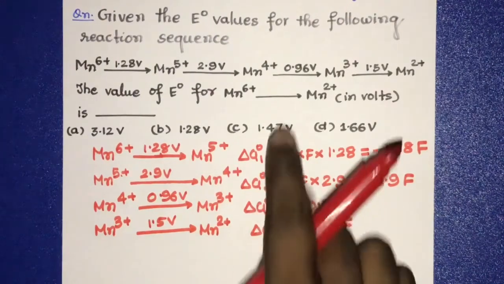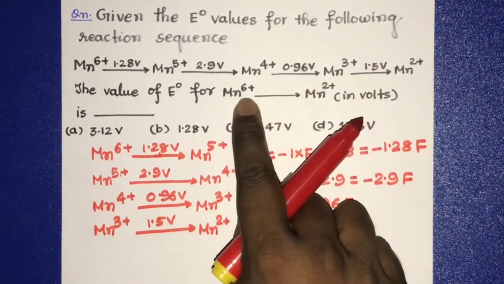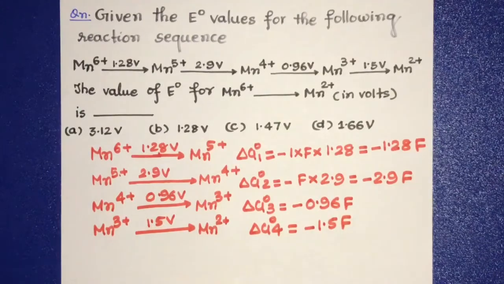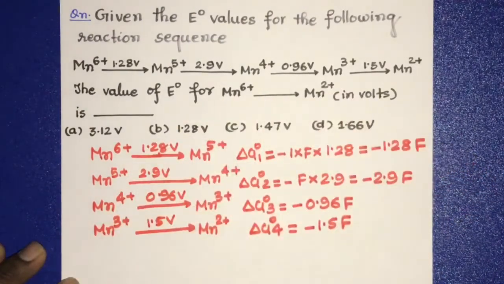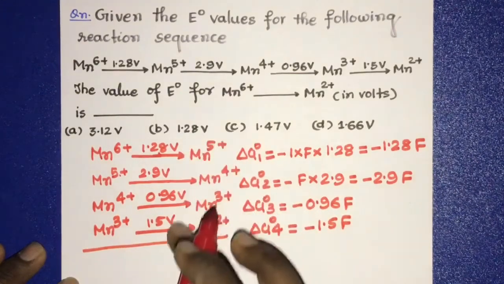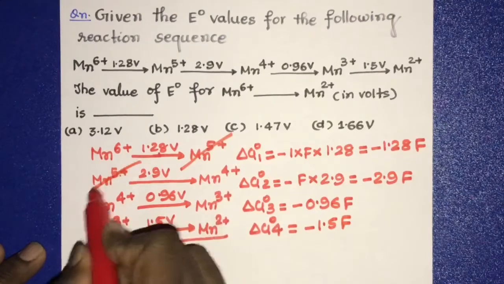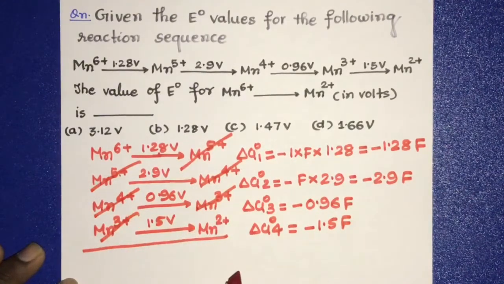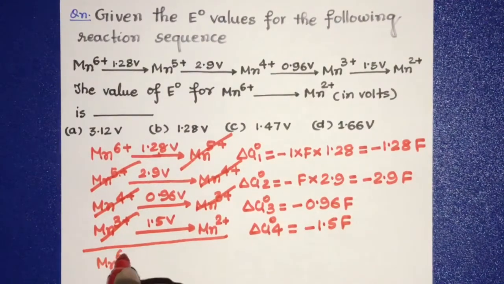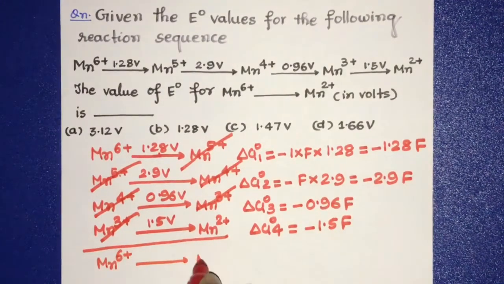Now this is our target equation, that is Mn6 plus to Mn2 plus. So how to get this particular half cell reaction? If you add all these cell reactions 1, 2, 3 and 4, Mn5 will be cancelled out, 4 will be cancelled out, 3 will be cancelled out. The overall reaction will be Mn6 plus changing to Mn2 plus.